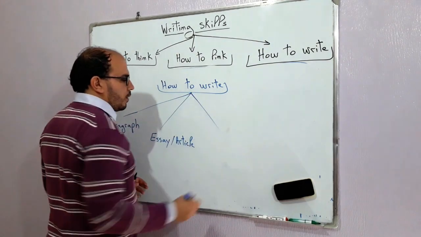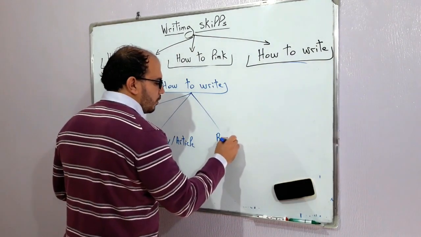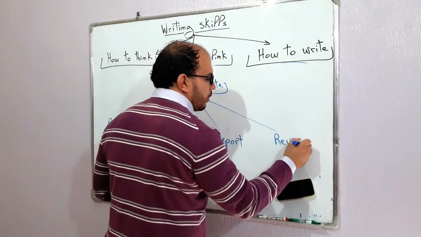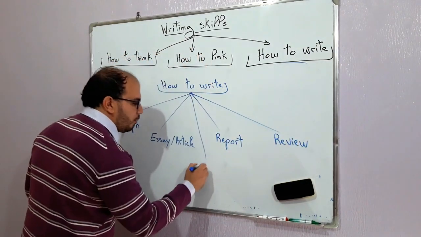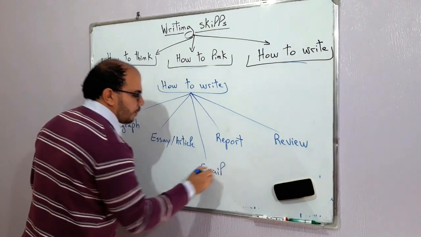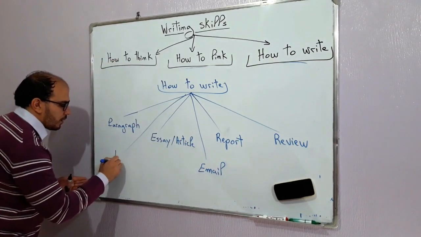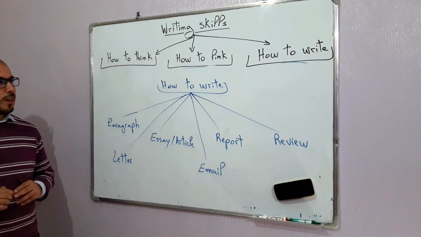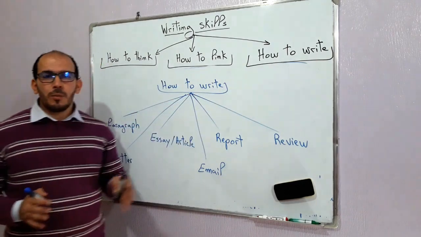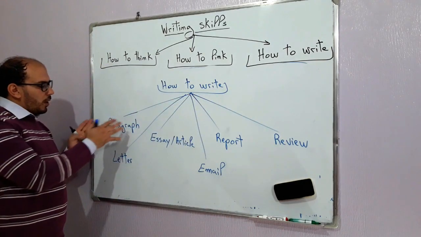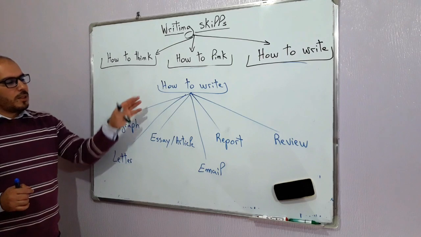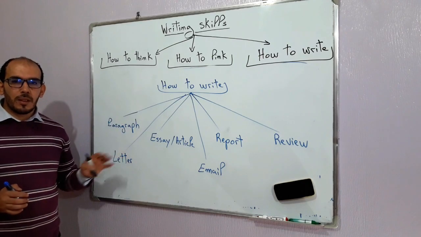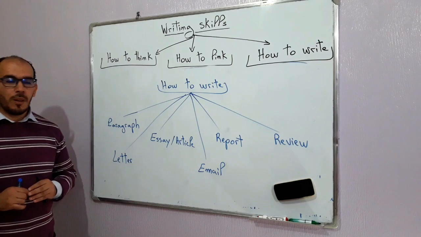We have report. We have review. We have email. And we have letter. So these are forms of writing. And when I say how to write, this means that for every kind of these text structures, there are specific rules, there are specific forms that you have to abide by.